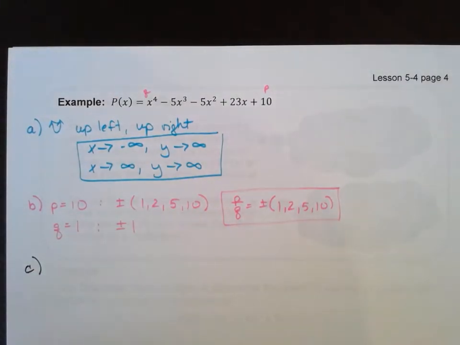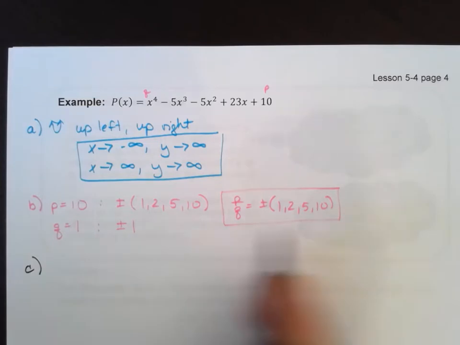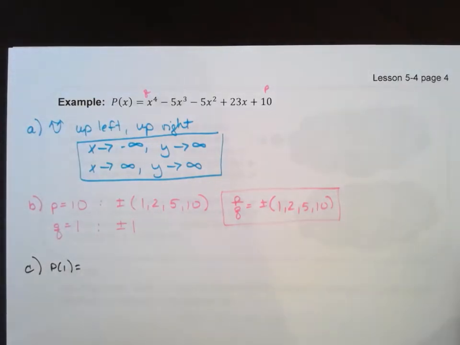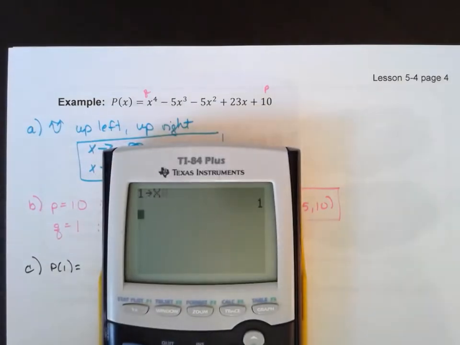Alright, what is C? Write the polynomial in factored form. That means we have to start testing our zeros. Let's try P of 1 and see what happens. So we do 1, store, x, enter and type in our function.